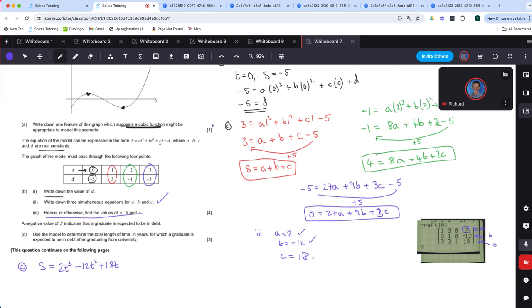Okay, so the C value was 18, so that's why it's 18T, and then the D value is -5.